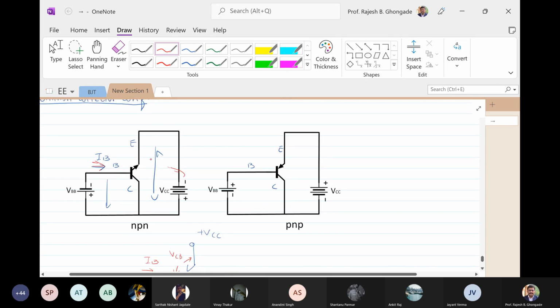If I change VBE, it is like giving input between emitter and base. So it will be VBC only. Please take it this way, as if I am effectively applying voltage between base and collector in this particular configuration.